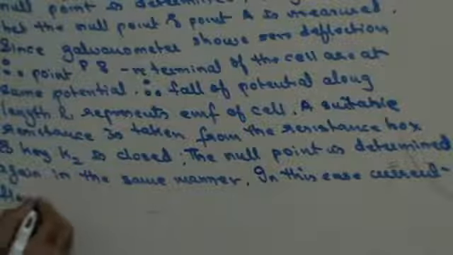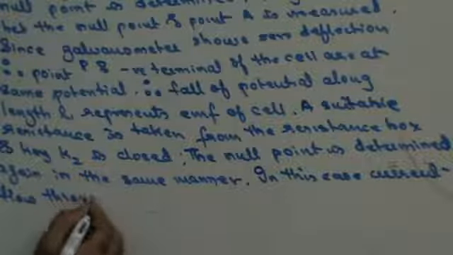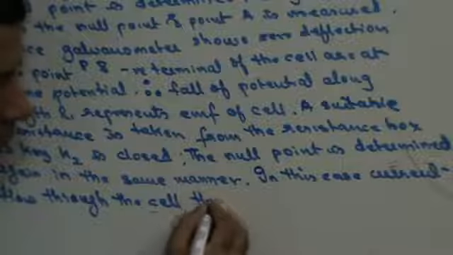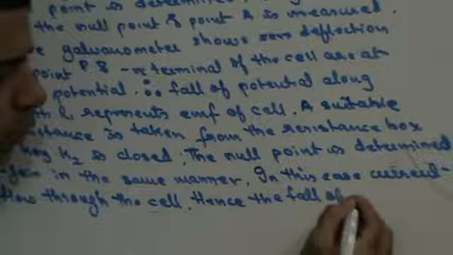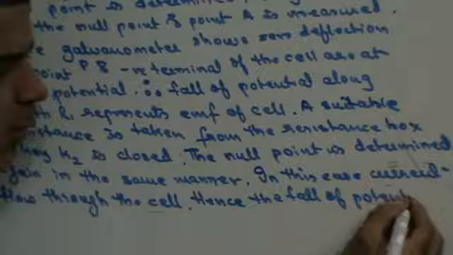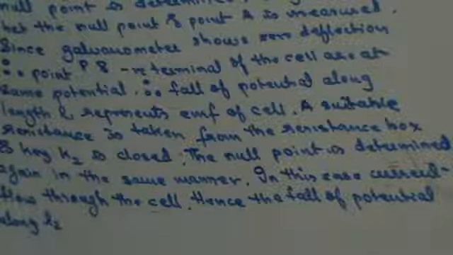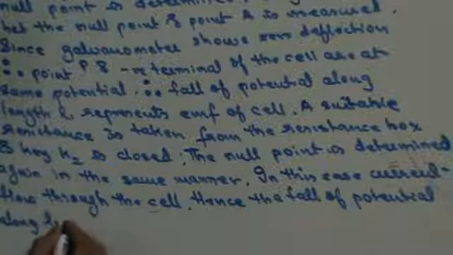Now if current flows through the cell, hence the fall of potential along L2 is equal to the terminal potential difference.